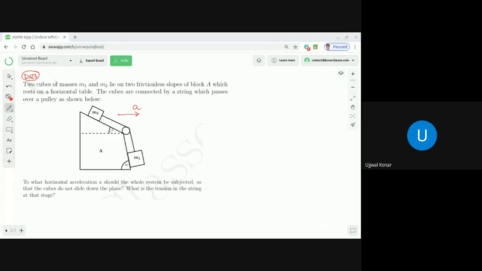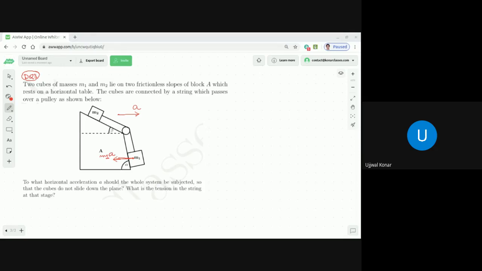In the mass m1, what are we going to get? The moment it is moving with an acceleration a, there is a force acting on it like this, and that should be m1 into a, correct or not?